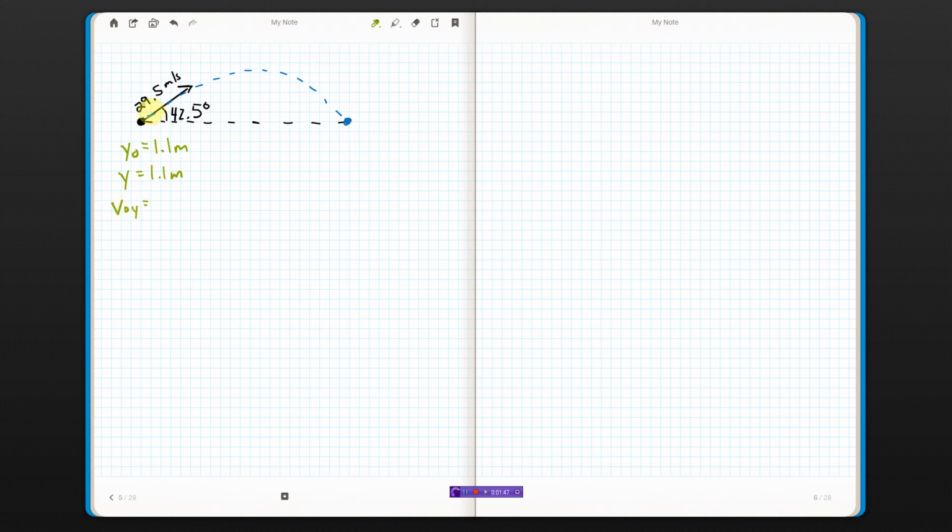V naught y is going to be 29.5 times the sine of 42.5 degrees, which is a number that I don't want to use because I'd have to round and it's annoying, so just put it in. I don't know what V is when it comes down, although symmetrically speaking, it should be just the opposite of this, but we don't even need it, so we're just going to leave it out.